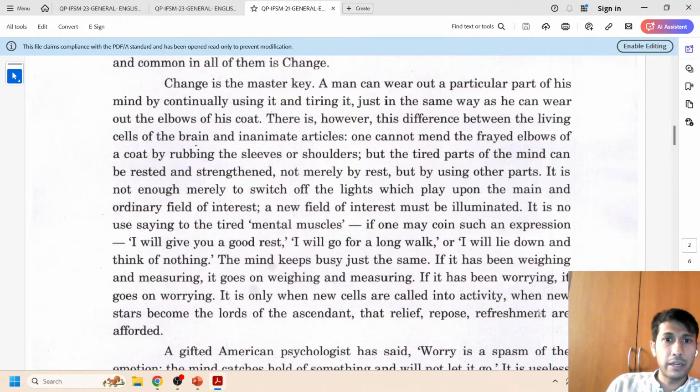Read the entire Precis and write this paragraph in about 25 to 30 words max. I've shared it in the group also.